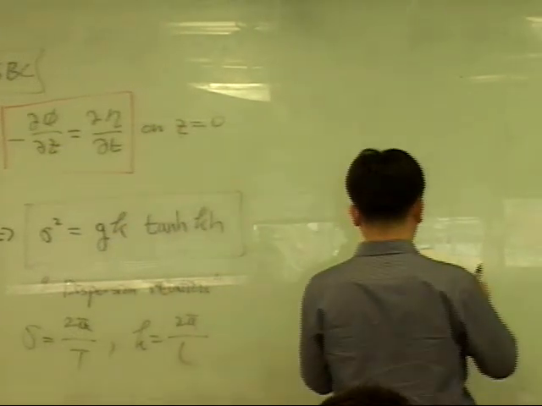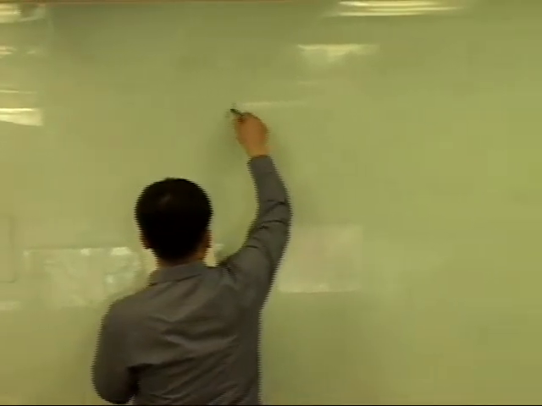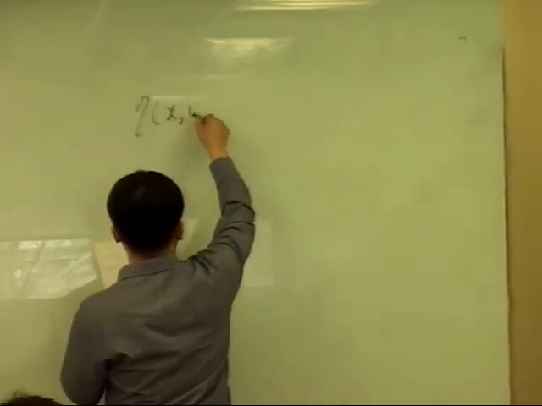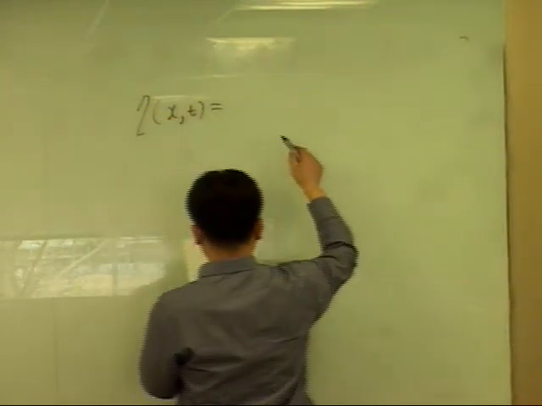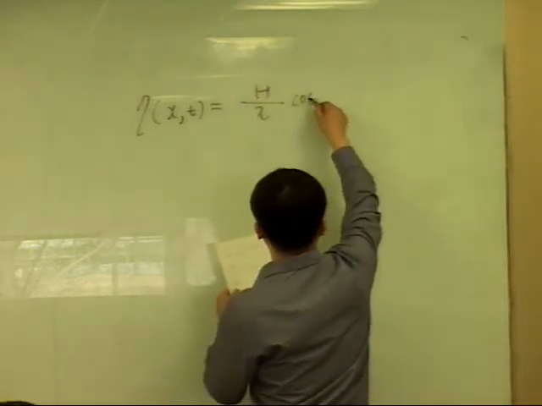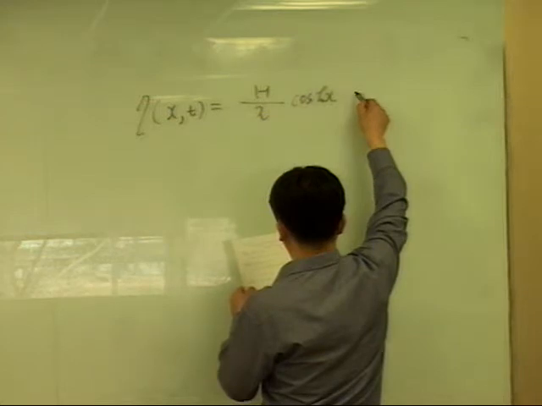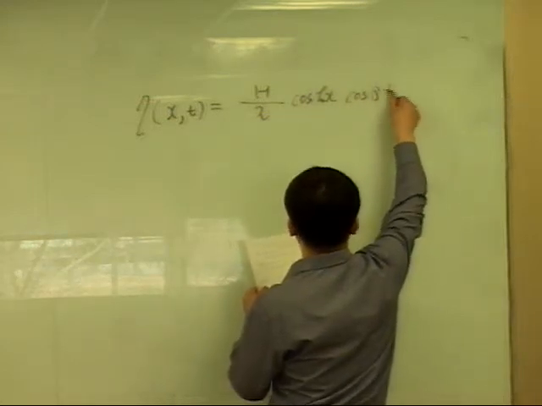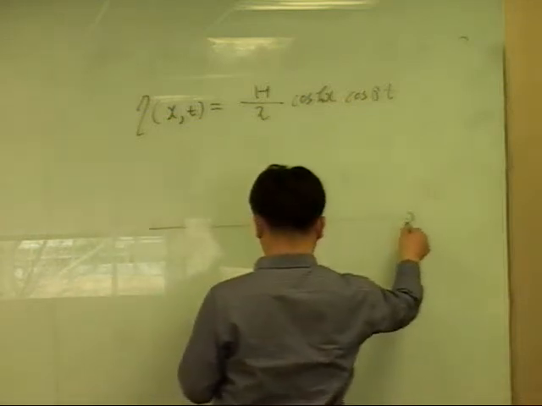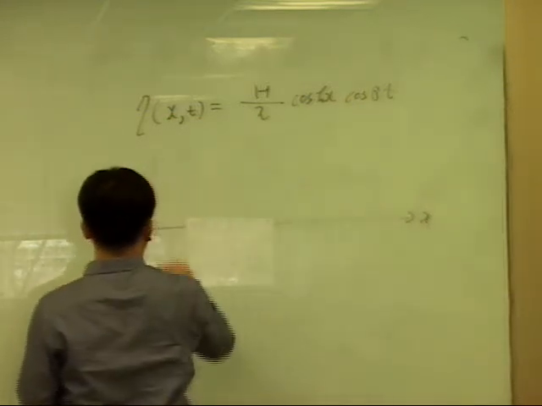So, our first solution for the surface, a function of x and t, was H over 2 cosine kx cosine sigma t. Okay?